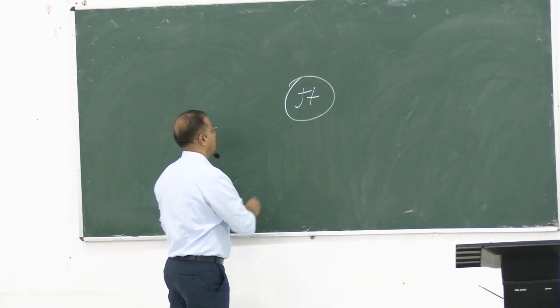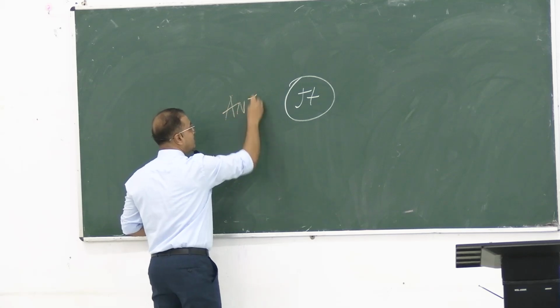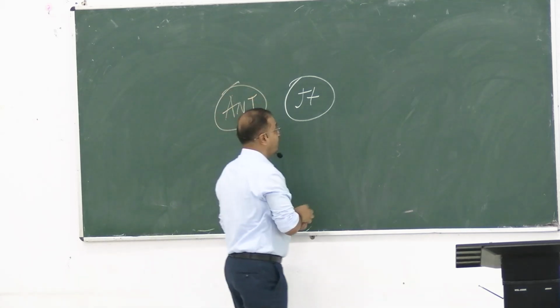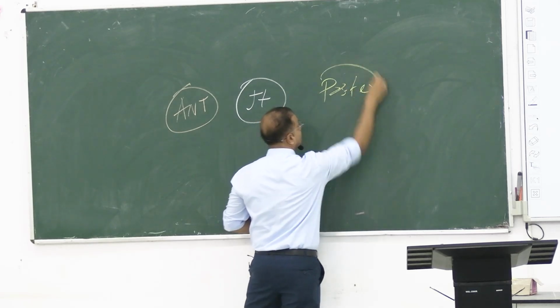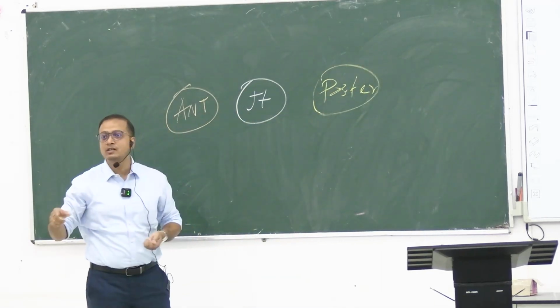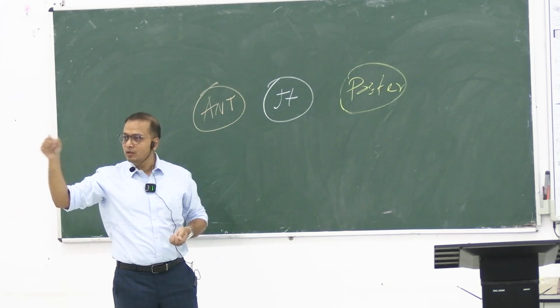So if a muscle is ending anterior to the joint, and if a muscle is ending posterior to the joint, that decides the actions, the rotations.